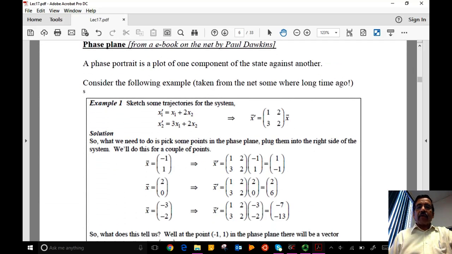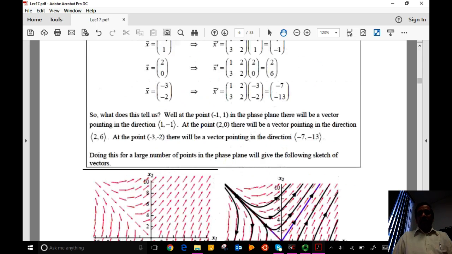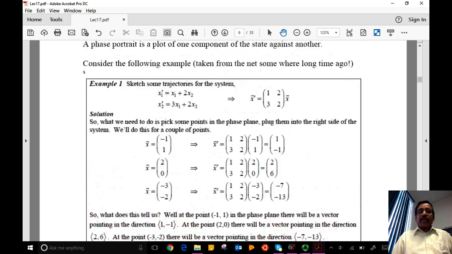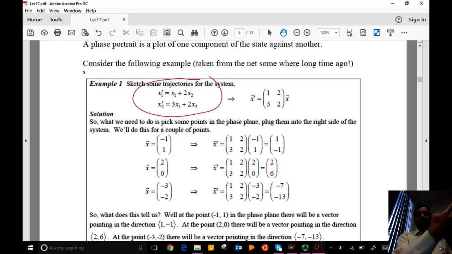But from the point of view of nonlinear dynamics, I want to talk about these trajectories in the so-called state space. Are you guys familiar with that? If you are familiar with that, we can move on. Okay, so here I have a 2x2 system: two equations in two unknowns. x1 and x2 are the unknowns, and x1 prime is the derivative.